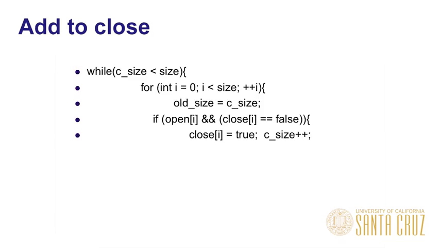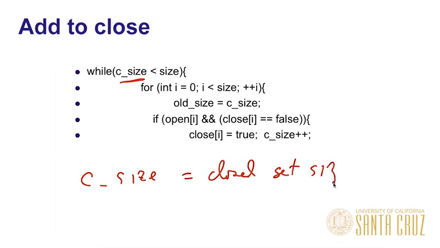So add to closed. While I'm keeping track of C size, this is the size of the closed set. The old size is the C size. We then place something in the closed set, meaning one element is placed in the closed set, so we auto-increment it.